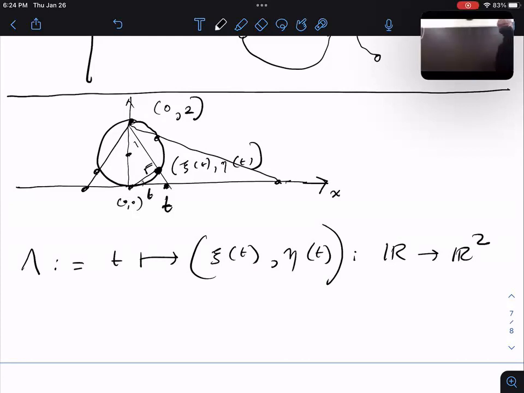So you will have to find c of t and eta of t. That's a very, very simple geometric problem. It can be done by high school students who have had basic geometry. You can also use analytic geometry. In analytic geometry, you would find the line through the points (t, 0) and (0, 2) and see where it intersects the circle. But that's too much work.